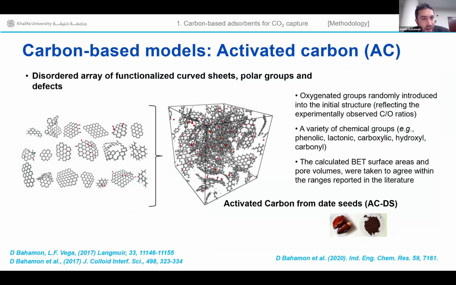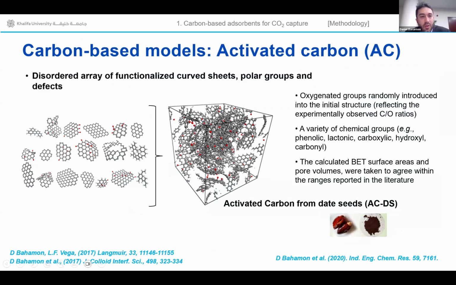Starting with the activated carbon, of course, these are not crystalline, these are amorphous materials. They have been modeled in different manners in the literature. In our case, we follow this methodology.